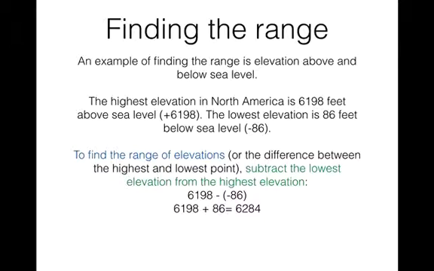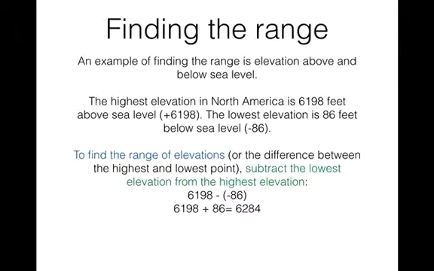And the lowest elevation is 86 feet below sea level, so it would be a negative 86. So if you're finding the range of elevations or the difference between the highest and the lowest point, you're going to subtract that lowest elevation, which happens to be a negative number, from the highest elevation.